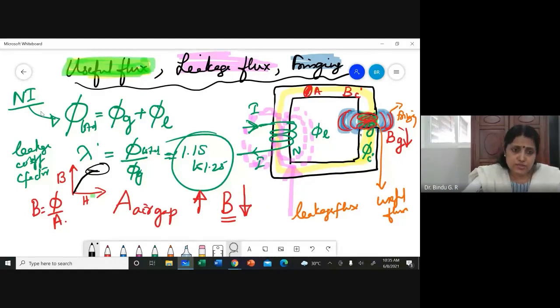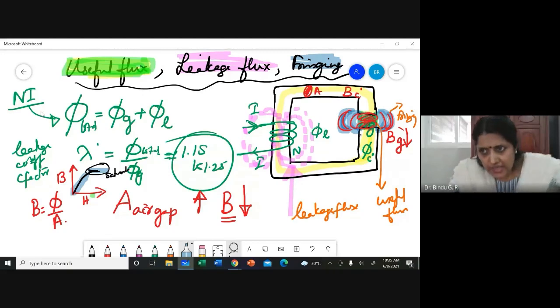This portion is the linear part, and we are all happy to work in the linear part. The moment it goes to the saturation part, it becomes non-linear. Non-linear means the cause and effect are not linear. Whatever you give, the output may not be the predicted one.